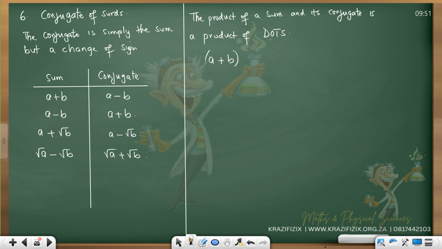A plus B times A minus B. We multiply the first and we multiply the last. A squared. It is that simple. The product of a sum and its conjugate is the difference of two squares. A plus B, A minus B is A squared minus B squared.